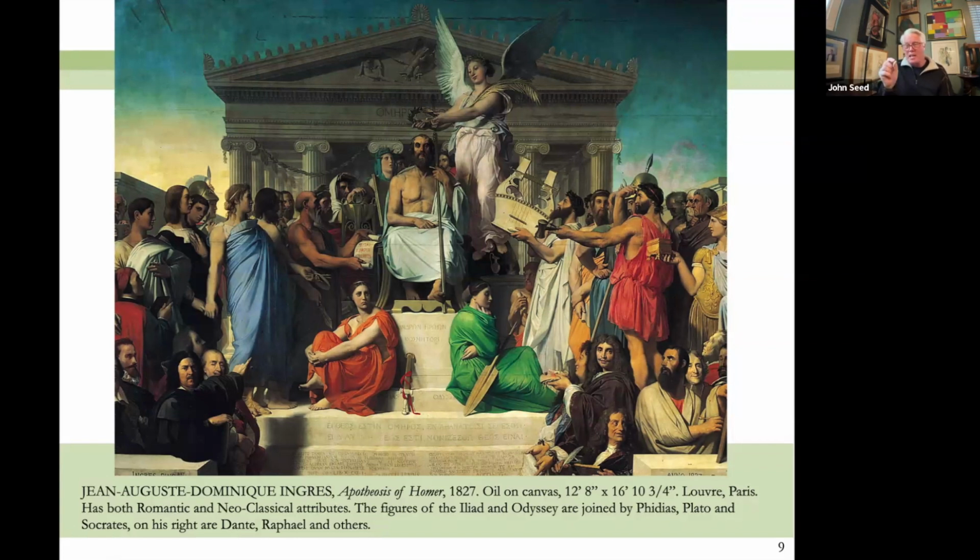Remember that Ingres had the pen, not the paintbrush. That is neoclassical, but what's romantic is the idea of Homer himself, the blind storyteller who told the great epic stories of the classical past. He's a hero, oddly enough, maybe like Turner or like Blake, a visionary who had a very independent store in his own imagination. And that's a romantic value.